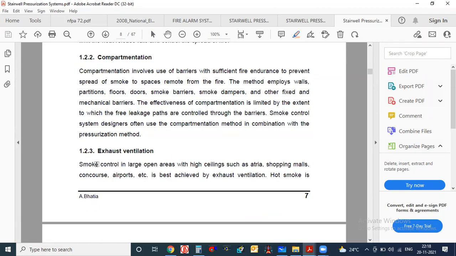Exhaust ventilation. Smoke control in large open areas with high ceilings such as atria, shopping malls can be achieved by exhaust ventilation. So this exhaust ventilation is also one of the topics where simply you are exhausting the inside air. I think this is very helpful when any fire occurs, so that with the help of an exhaust fan, you can extract the smoke.